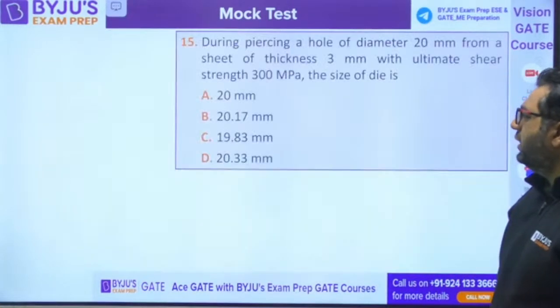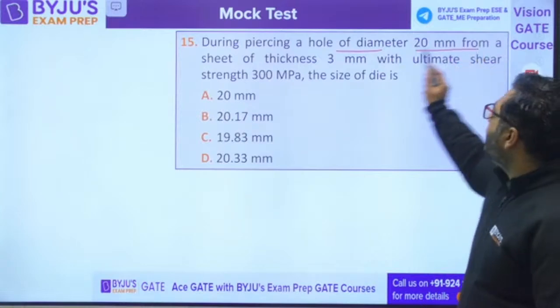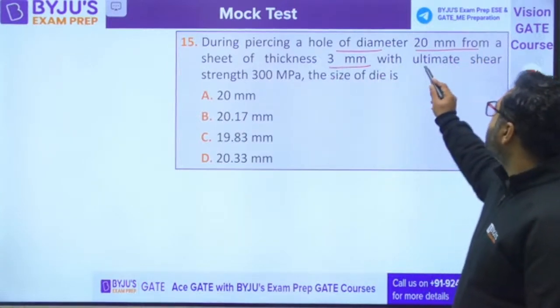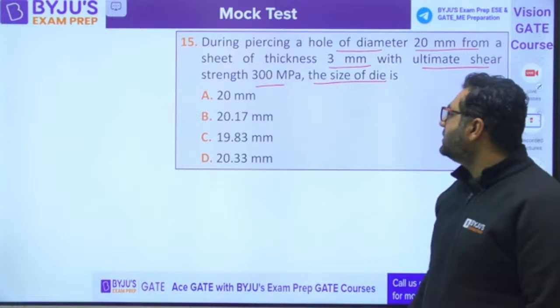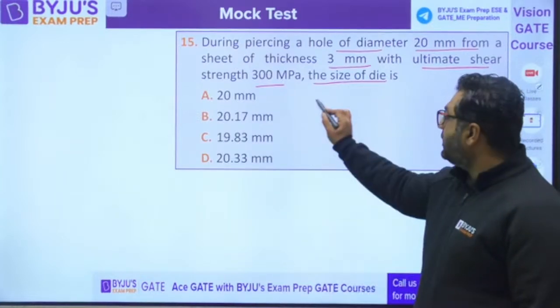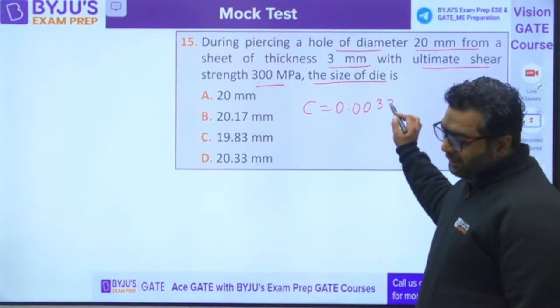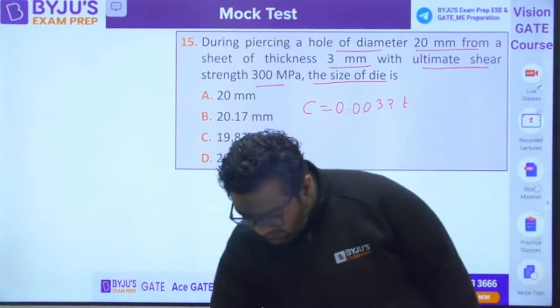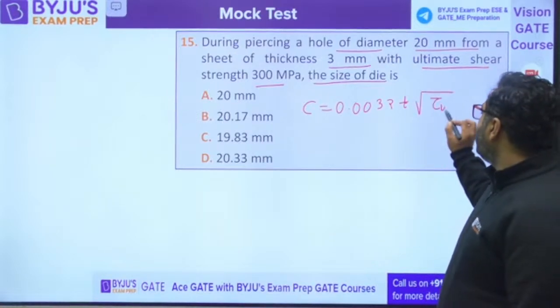Question number 15. During the piercing of a hole of diameter 20 mm from a sheet of 3 mm thickness, the ultimate shear strength is 300 MPa. The size of die is? They have not mentioned the clearance. And when they don't mention the clearance, you can take 0.0032 t square root of tau ultimate.